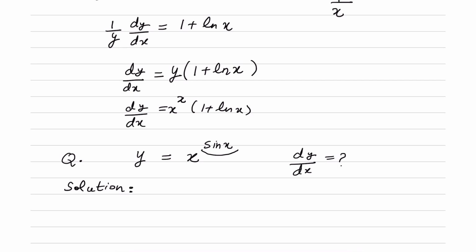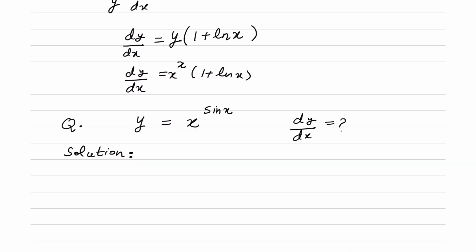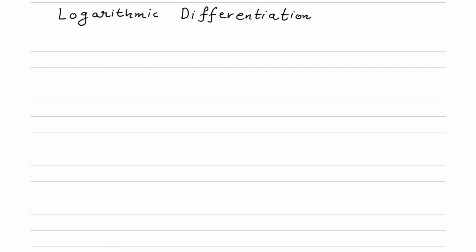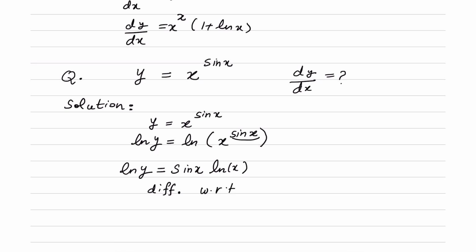Whenever that happens, you will have to solve this using logarithmic differentiation, meaning that you write the function as it is and take ln on both sides. By the property of the log, this sin x, which is the power, will come on the side and you will have sin x into ln x. Now you will differentiate this expression with respect to x.